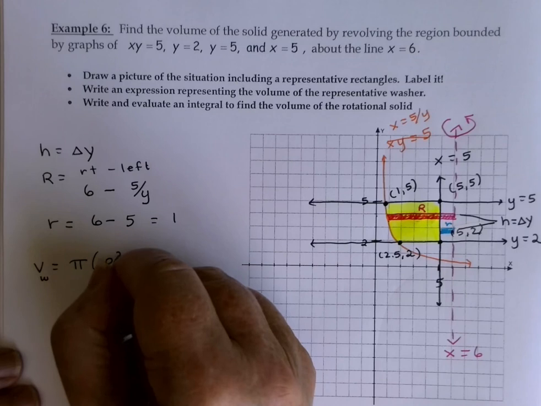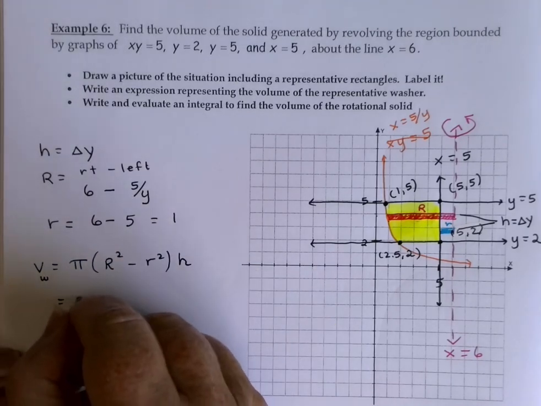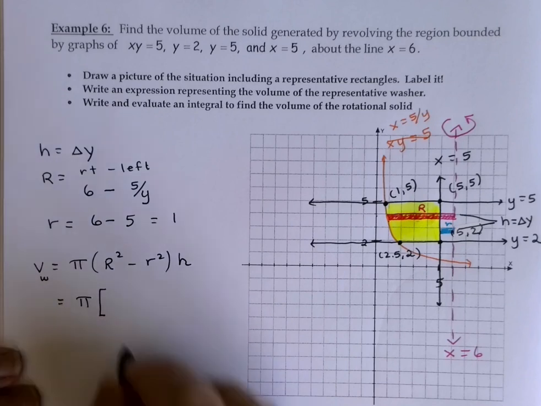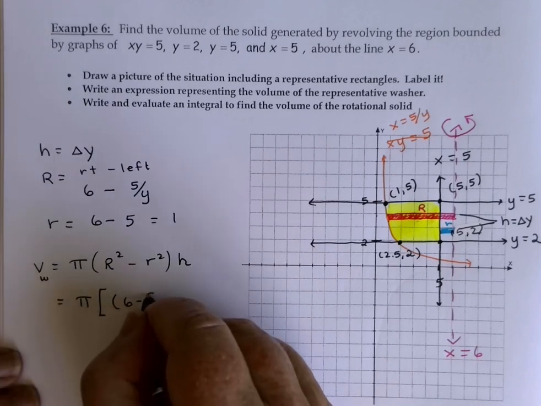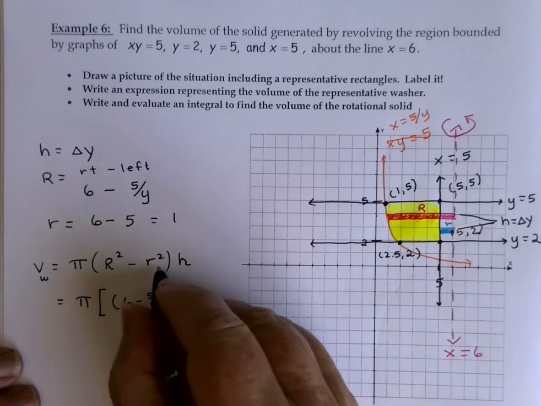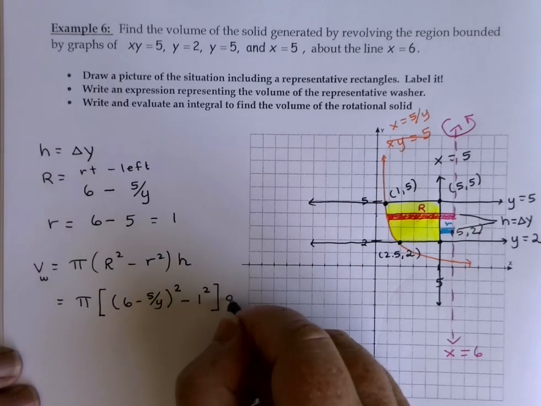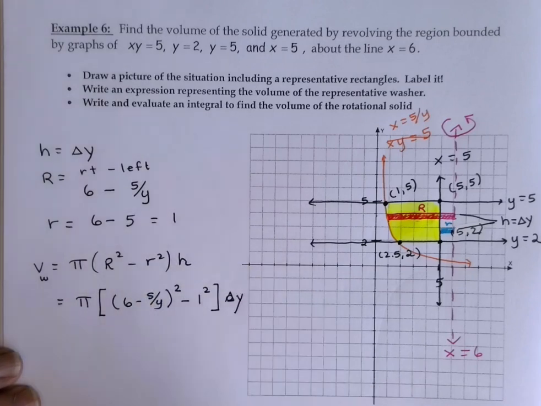Volume of the washer. Capital R is 6 minus 5 over y, square that. Little r is just 1. And h is delta y.